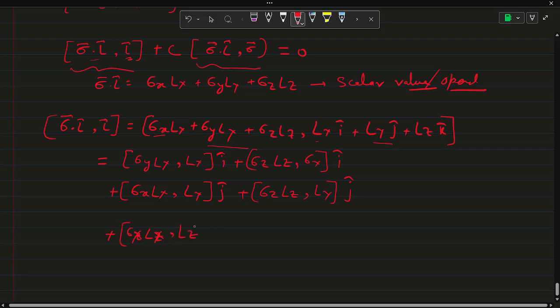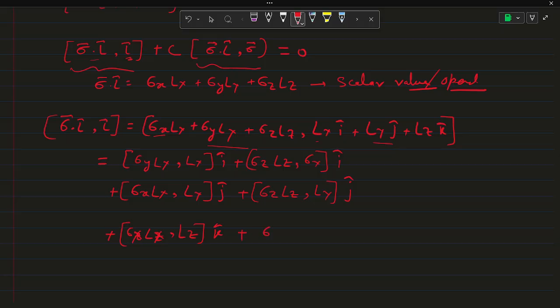We have to be very cautious here. k cap plus sigma y Ly Lz k cap.